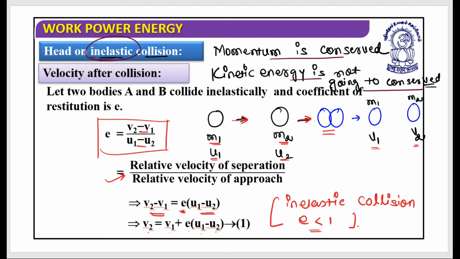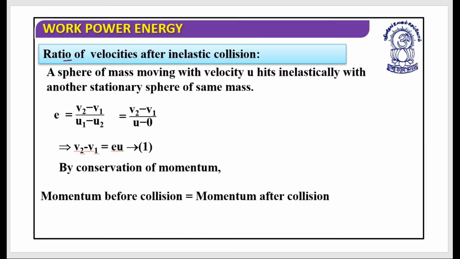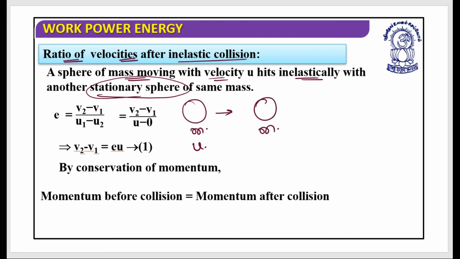Great. Now let's find out what would be the ratio of the velocities after inelastic collision. But to find out the ratio, I will take certain specific cases. Let's suppose a sphere of mass m moving with velocity u hits inelastically another stationary sphere of the same mass, that is, an object having the same mass but at rest.